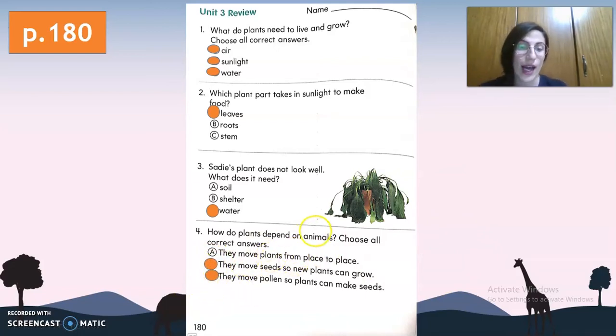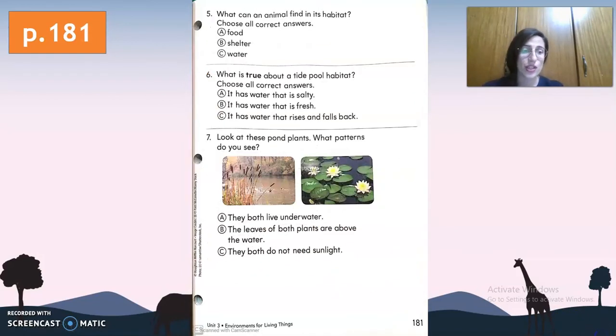Because the animals help the plants by moving the seeds so new plants can grow, and by moving the pollen so plants can make new seeds. Of course, the animals do not move plants from place to place. That is irrelevant, okay? That's why we didn't choose letter A as well. Clear? Yalla, let's move on to page 181.